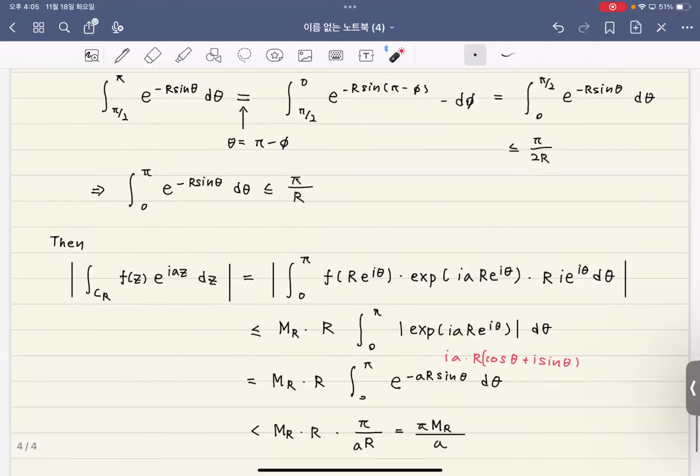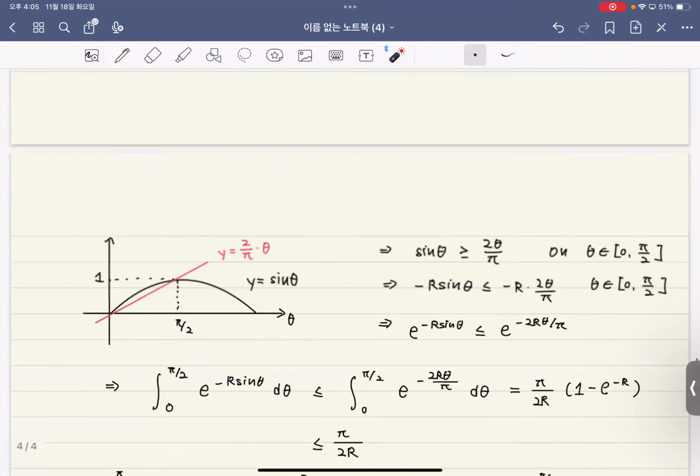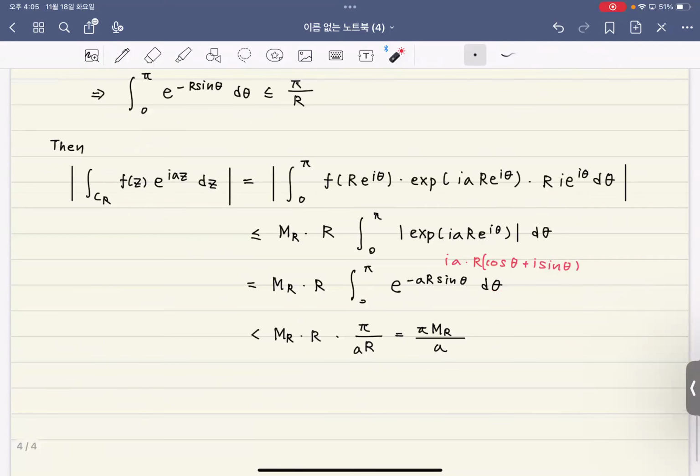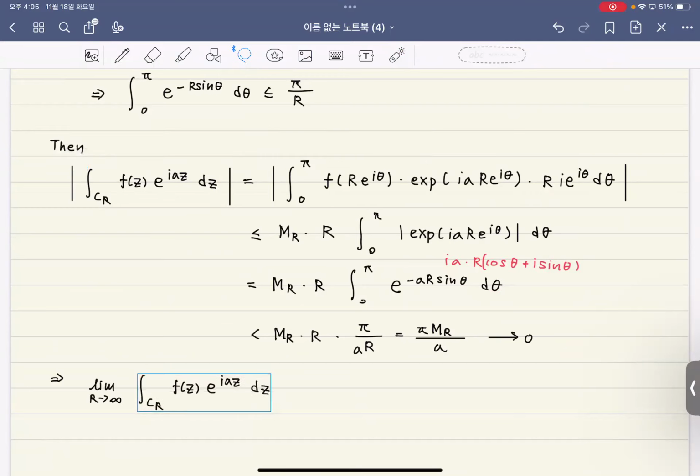Now as r tends to infinity, this guy is also tending to 0, right? Therefore this weird integral is tending to 0 as r goes to infinity.